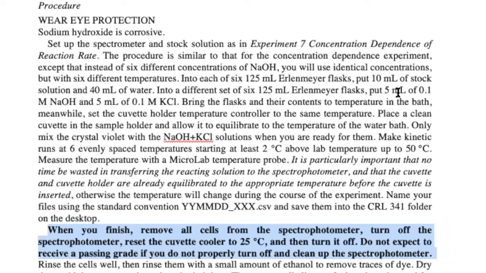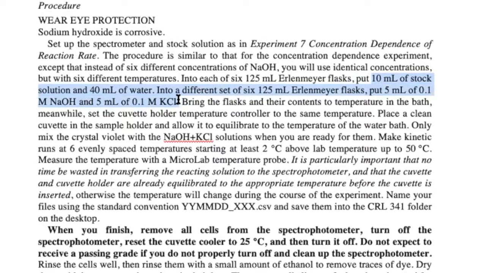The experiment tells us to take a constant amount of NaOH. We're going to put 5 mLs of NaOH. We're going to use a constant concentration of NaOH. We'll have to figure that out. So we need to know the initial concentration, and we need to do the dilution, because we're going to take 5 mLs of that and dilute it out to 60 mLs, our total volume in the reaction flask.